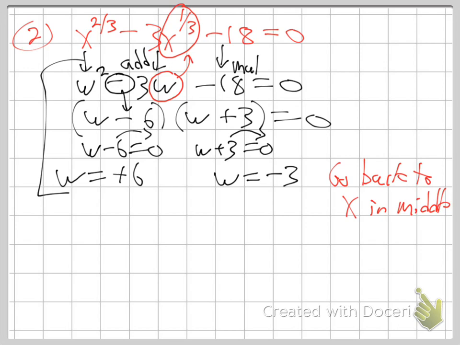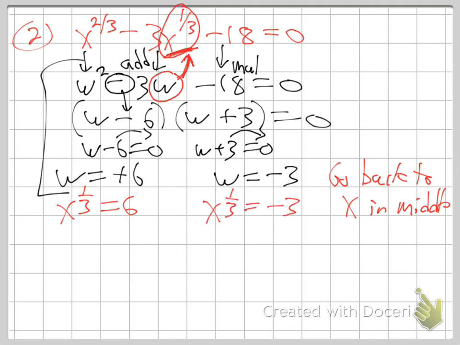And the middle was X to the 1/3. So whenever I say go back to X, I mean whatever X kind of thing was in the middle, because that's who W took the place of. So, all right, W equals 6. Really, W was an actor standing in for X to the 1/3 all along.